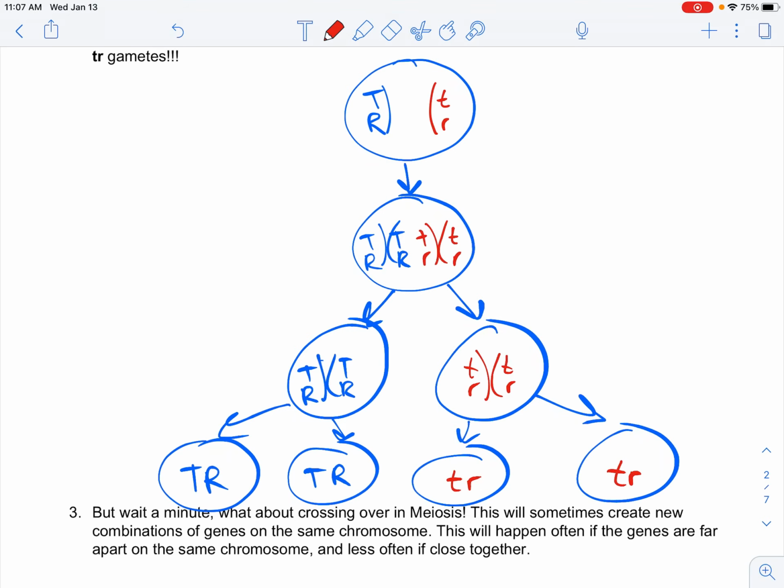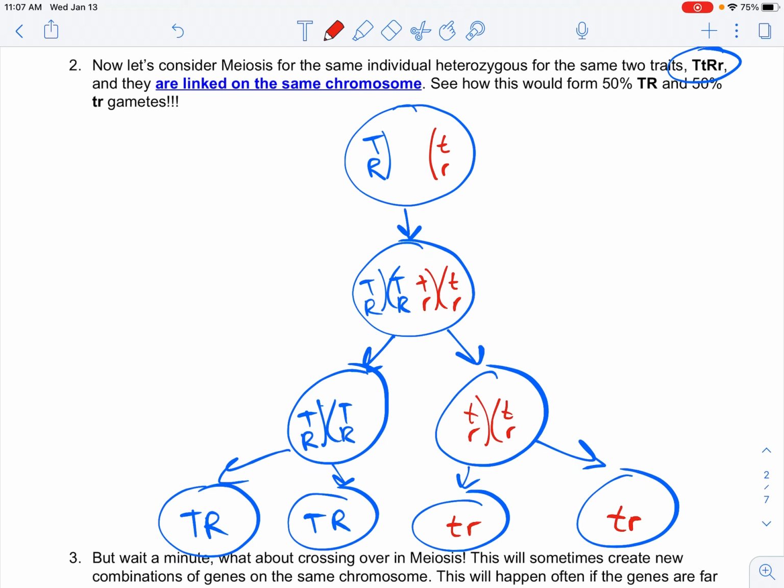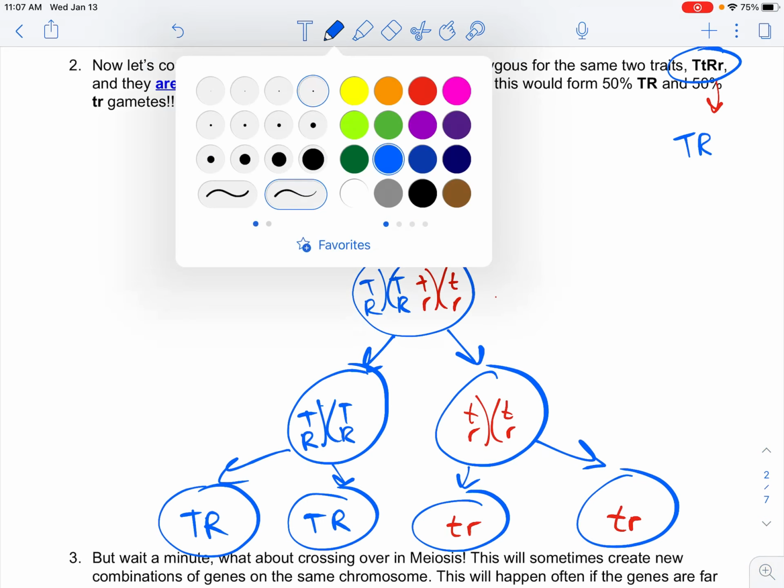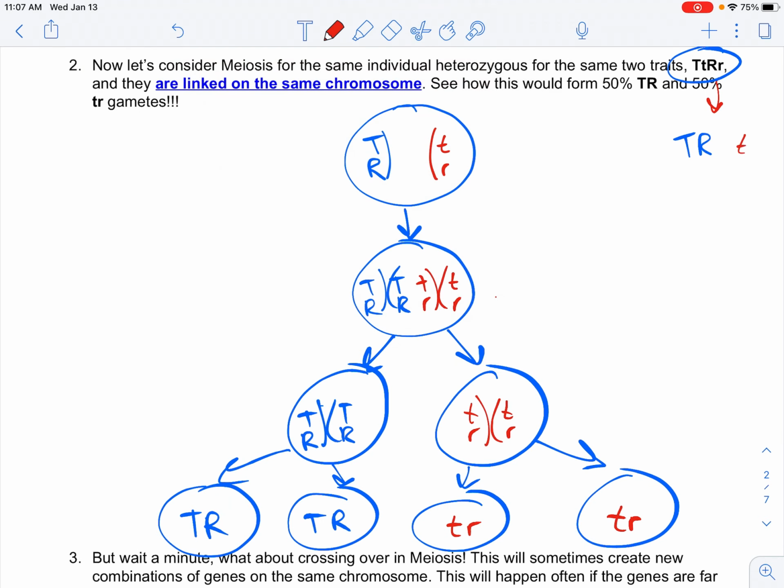So notice here, this is different because there's no independent assortment at this stage. There's just one chromosome we're talking about. So the only combinations we're going to get is big T, big R, and little t, little r. So what gametes are we going to get from that? We're only going to get gametes that have the dominant or the recessive trait. So we would only be able to pass those on together.